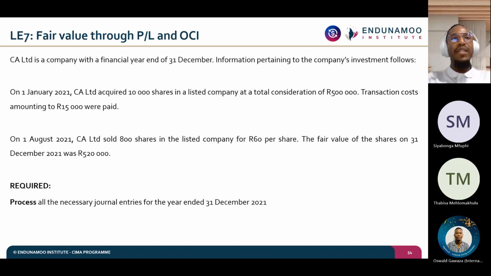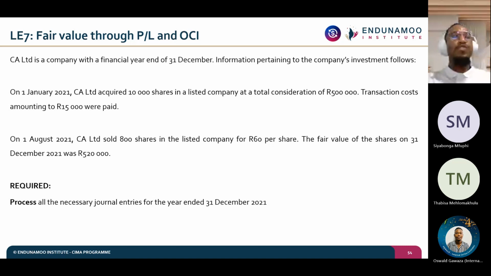This is on the 1st of January 2021. 10,000 shares in a listed company, meaning whatever was paid was an amount that was reflected on the JSE or a stock exchange, which is the fair value of the share. Transaction costs amounting to 15,000 were paid.